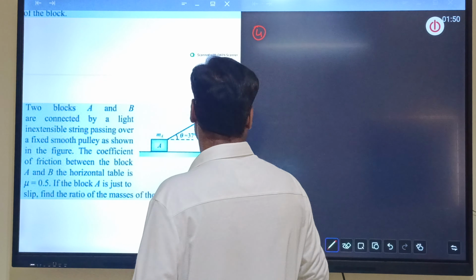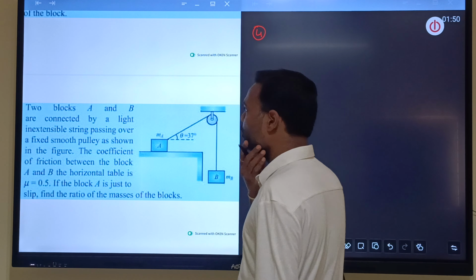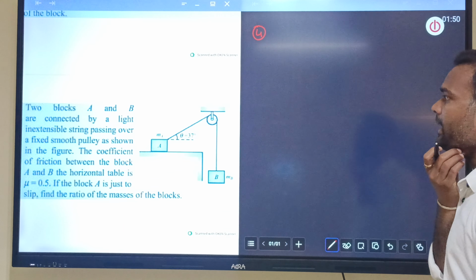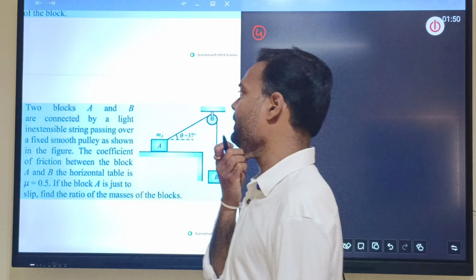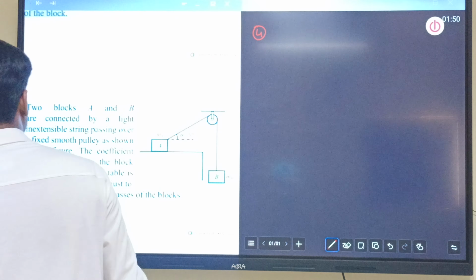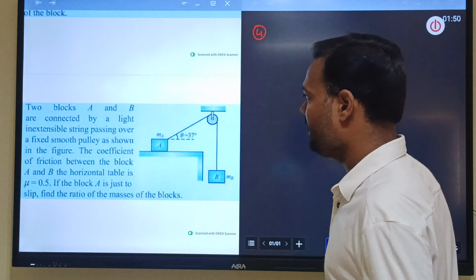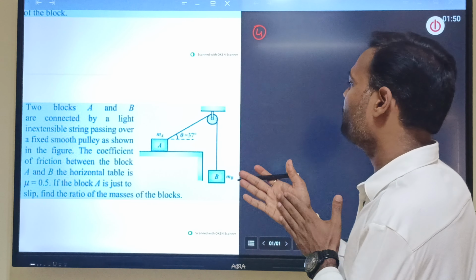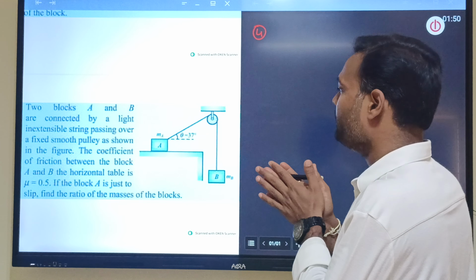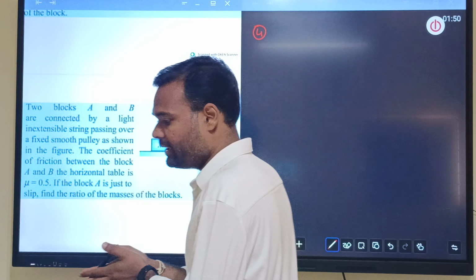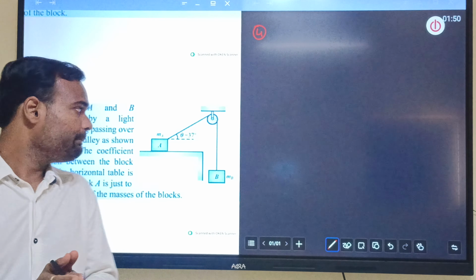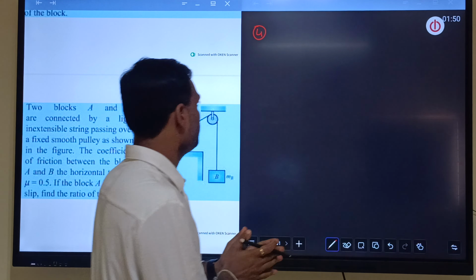Right now, the next question says two blocks A and B are connected by a light inextensible string passing over a fixed smooth pulley as shown in the figure. The coefficient of friction between blocks A and B and the horizontal table is 0.5. If block A is just to slip, it is not getting any acceleration, it is about to move, find the ratio of masses of the two blocks.